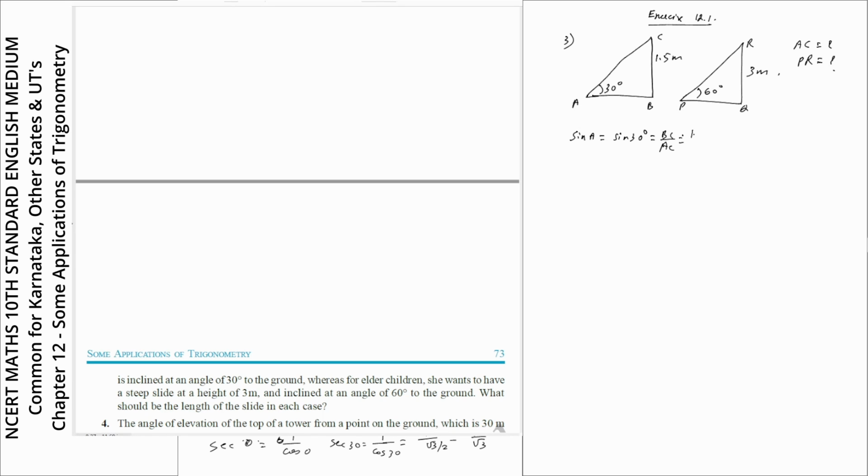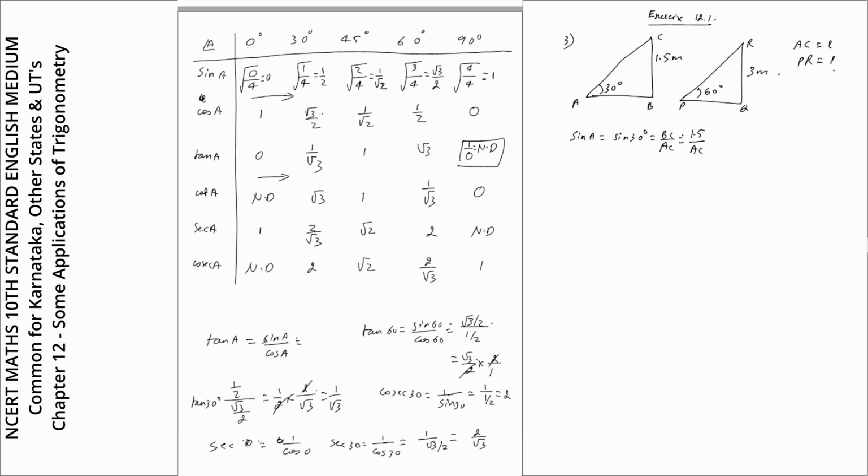So BC is 1.5 meters, AC is unknown. So what is sine 30 degree? You can see in the chart, sine 30 degree is 1 by 2. I'll substitute that value. So 1 by 2 is equal to 1.5 by AC, or AC is equal to 1.5 into 2. So 1.5 into 2 is 3. So AC I'll get 3.